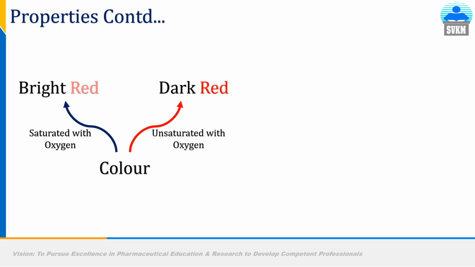So depending upon the oxygen content, the color of the blood may vary.